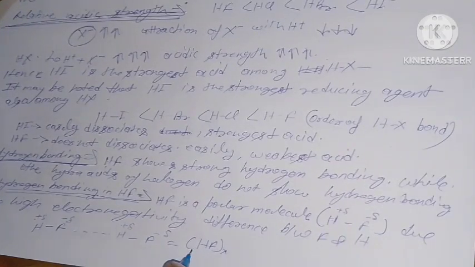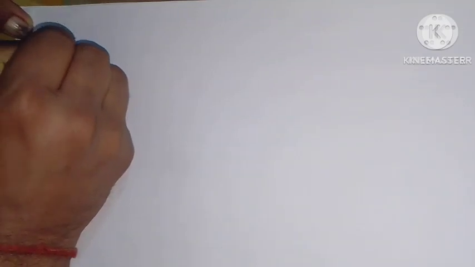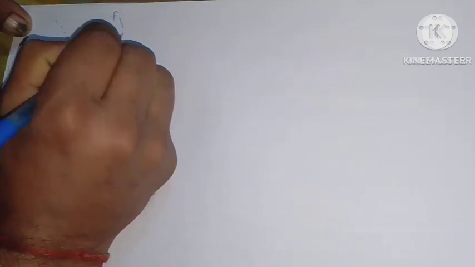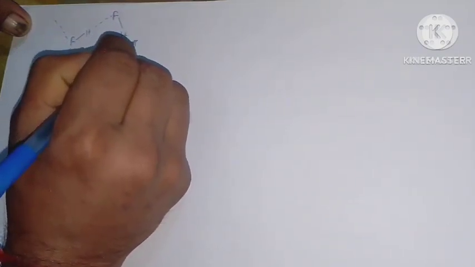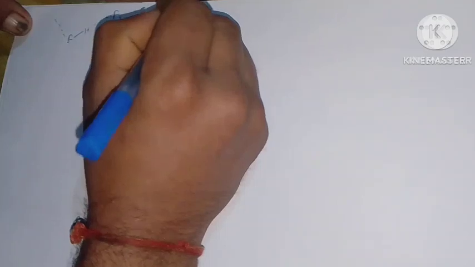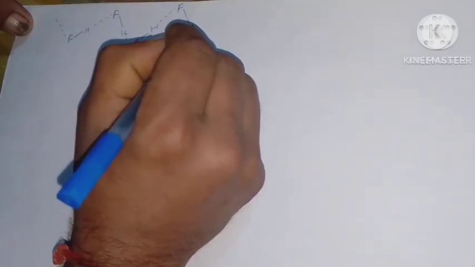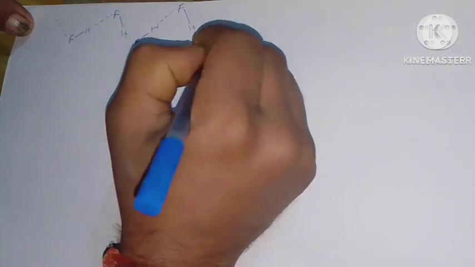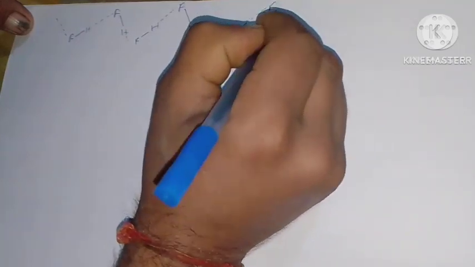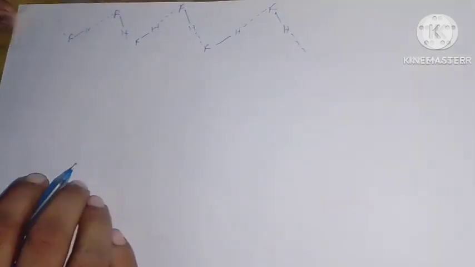And the hydrogen bonded chain in solid HF you can show like this: fluorine, hydrogen, fluorine, hydrogen, fluorine, hydrogen, fluorine, hydrogen, okay?